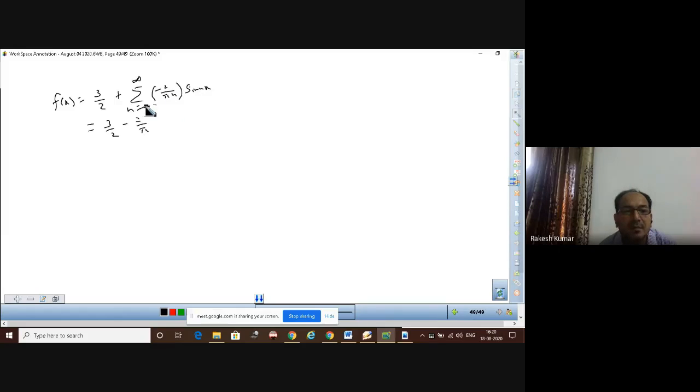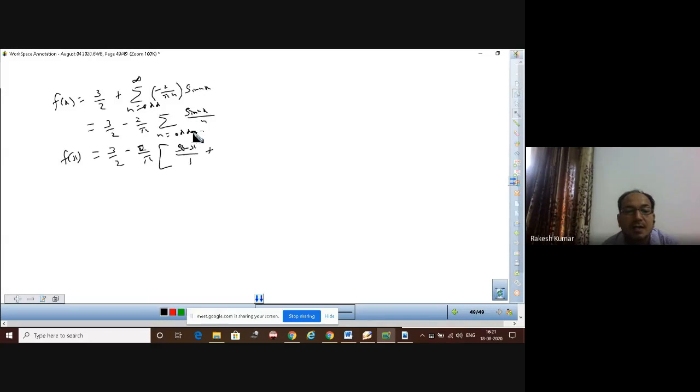And remember, this is the value when n is odd. So you can write it like this: n is odd, that is sine nx over n. F of x is 3 by 2 minus 2 upon pi. Now you can expand this summation by using the odd natural numbers. For n equal to 1, you will get sine x upon 1.